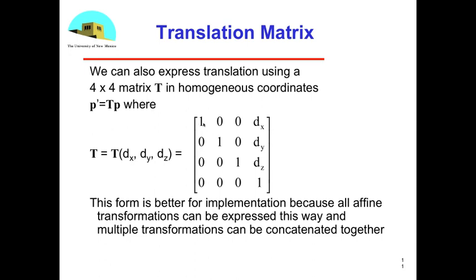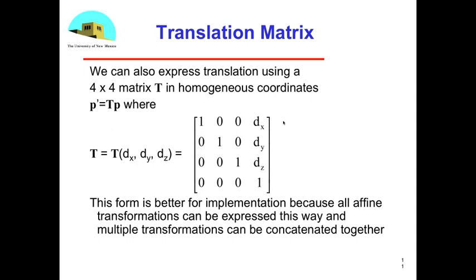So the new x is the old x plus dx, which is precisely the first equation of translation. Likewise, if I multiply x, y, z, 1 by the second row, 0 times x, 1 times y, 0 times z plus 1 times dy, I get y prime is y plus dy. Likewise, the new z is z plus dz, which are exactly the equations that I want.